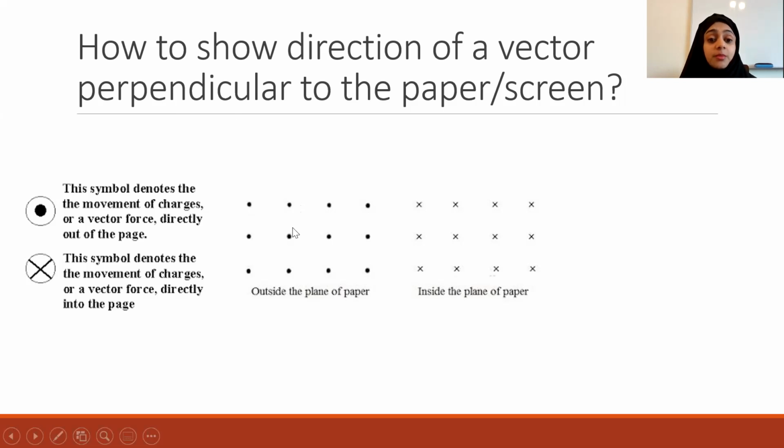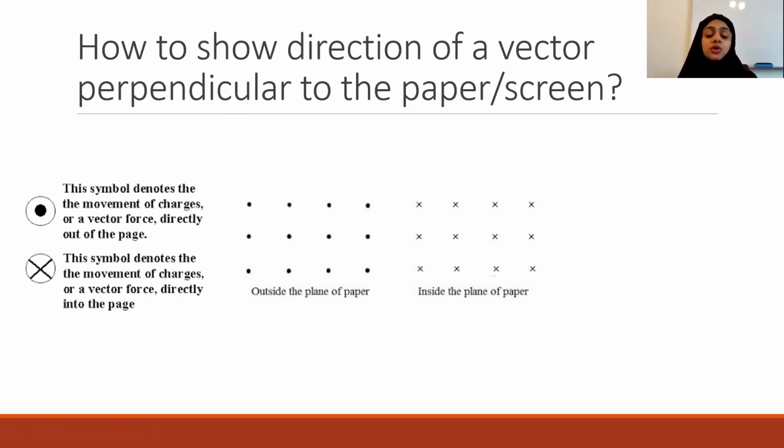And if it is marked as B, it means there is a magnetic field coming out of the plane of the paper. Now, if you have a lot of crosses in some area, that means that there is the field going into the plane of the paper. So this dot and cross: dot means out of, cross means into.